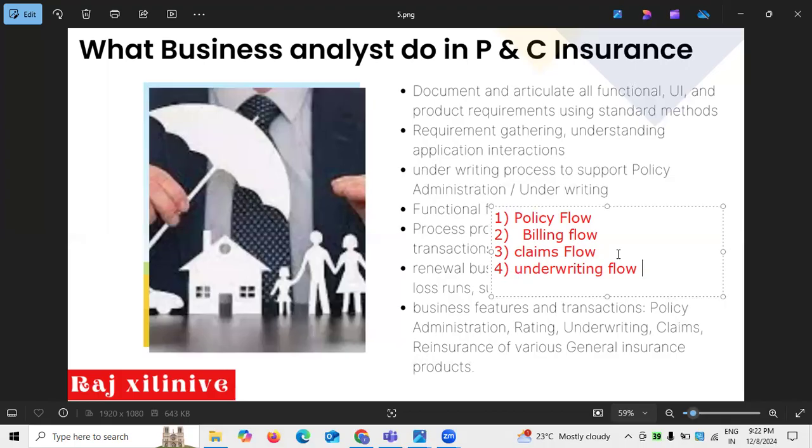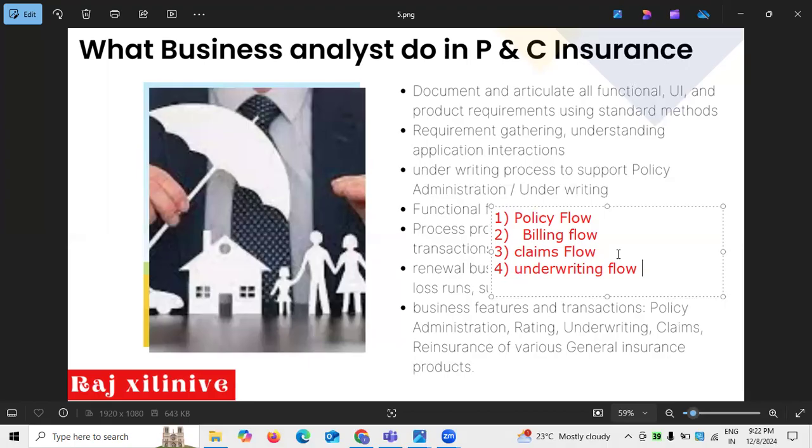The same thing will be continued over here. The same legacy approach will be continued, but the domain may be different. Here we are discussing the property and casualty insurance domain. The kind of project you are working on relates completely to the P&C perspective. Understanding the structure of P&C insurance is always important.